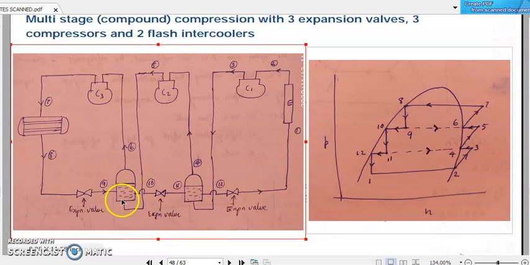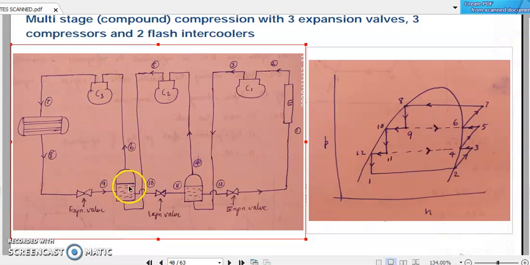Whatever liquid remains inside the flash gas chamber will be admitted to the next level of expansion valve and flash gas chamber, and finally proceeds to the evaporator. And whatever vapor is collected in this flash gas chamber will be admitted directly to the nearest possible compressor.